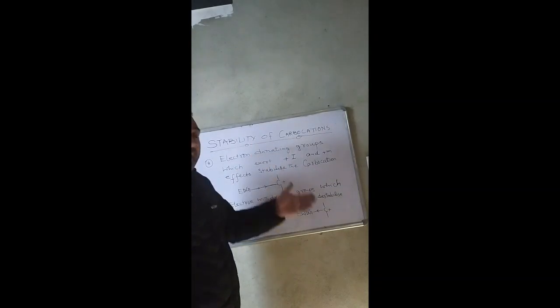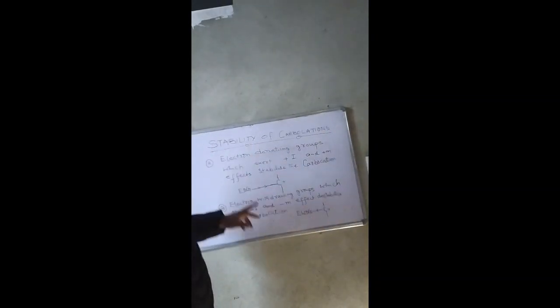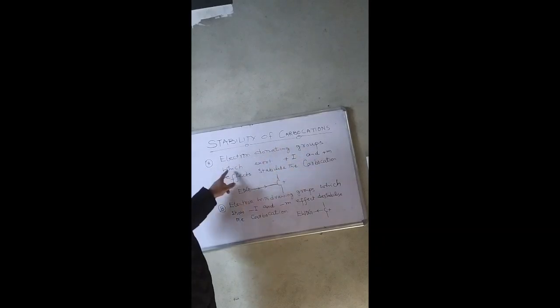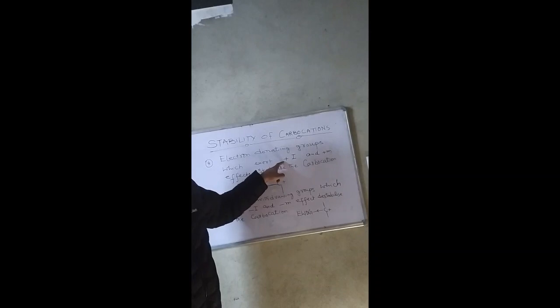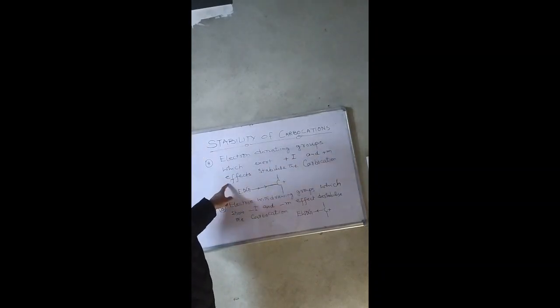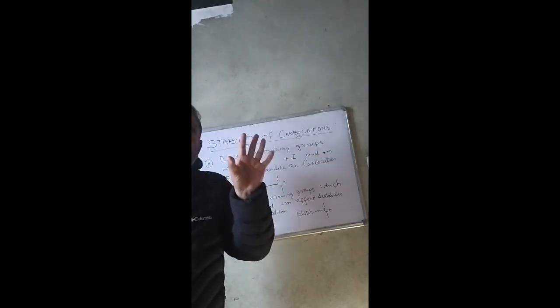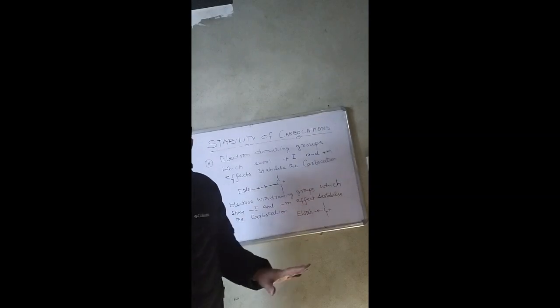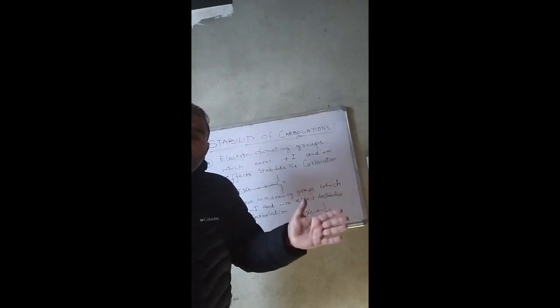As you can see, I have written two statements: electron donating groups which exert plus I, that means positive inductive effect, which donate sigma electrons towards carbon, and plus M effects which donate pi electrons towards the carbon, stabilize the carbocation. They make carbocation stable.